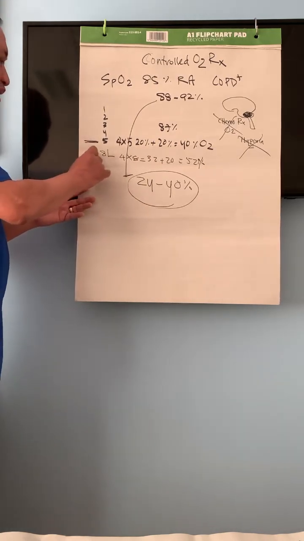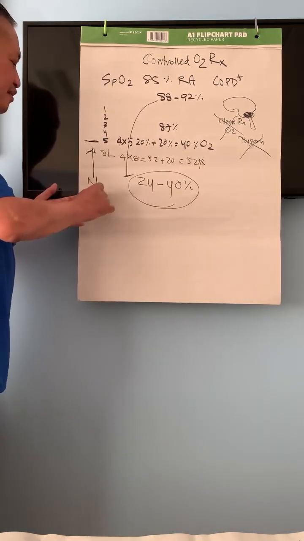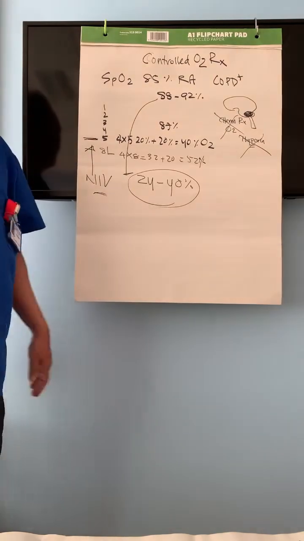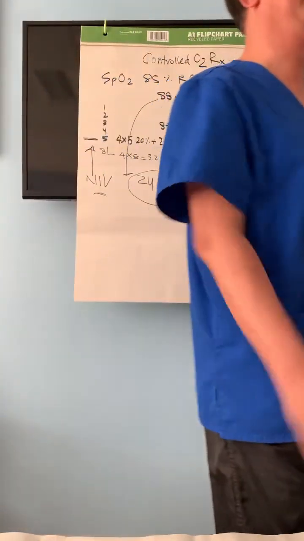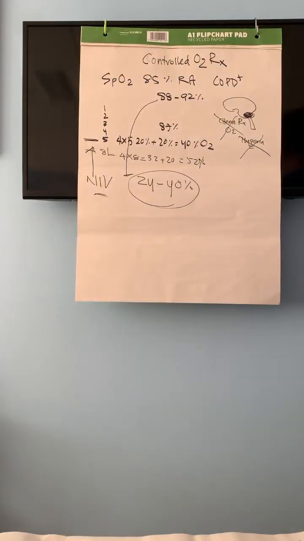So this is where NIV, the BiPAP, steps in. BiPAP will help control oxygen and at the same time wash out the carbon dioxide. So BiPAP will help correct the hypoxia while blowing out the carbon dioxide.